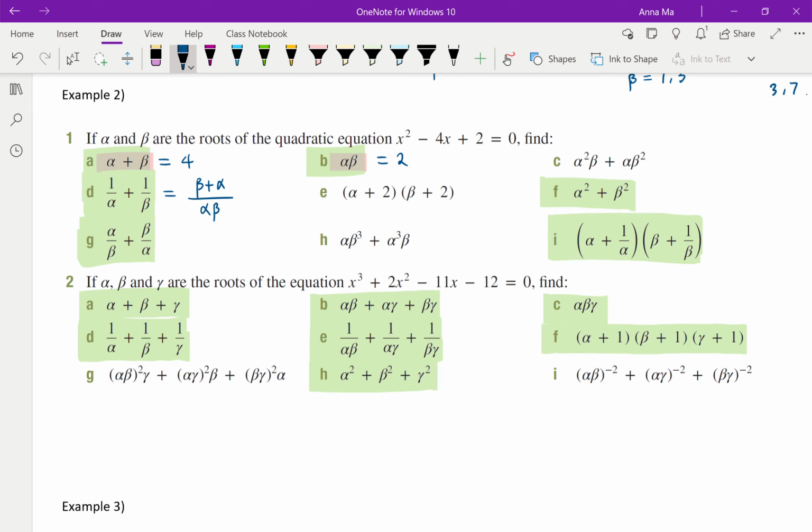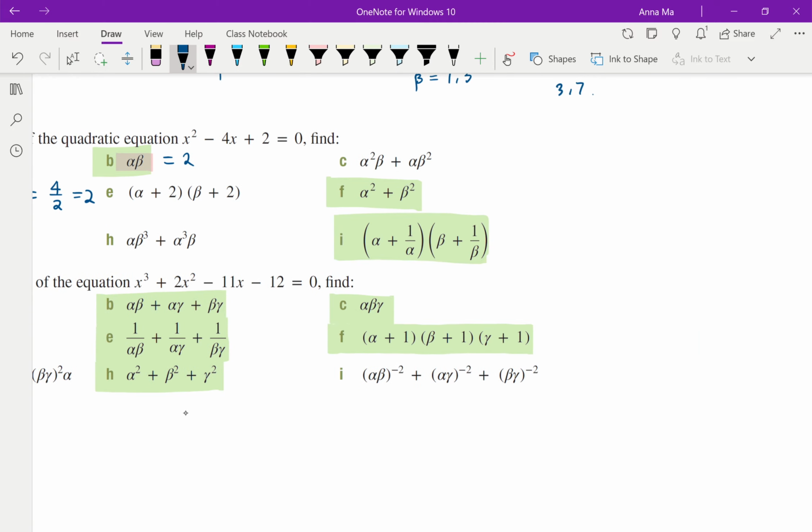And notice how this fraction consists of the two identities we've just found. So I know exactly what this is. This is just 4 over 2, which is 2. So sometimes you need to manipulate the expression to the expressions that we already know the values of to substitute and finally evaluate. Same thing with f. Have a look at f.